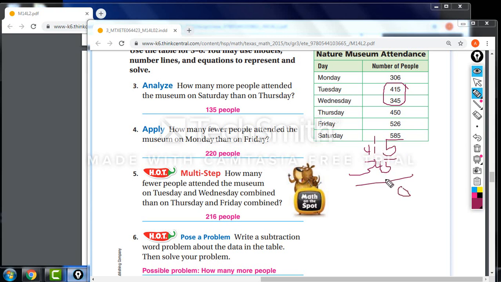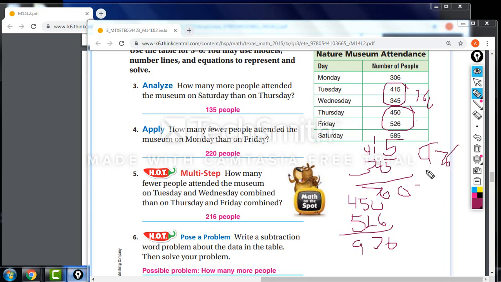It's 760. Then Thursday and Friday: 450 and 526. It's 976. So then you subtract 976 minus 760. And then you get 216, which is this one here. So you have to add these two first and then subtract them. Subtract the sums.